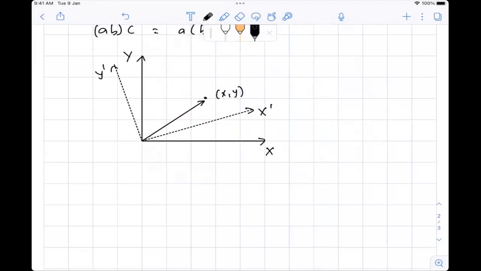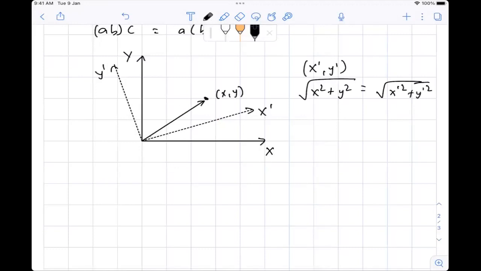Now you can write the coordinates of this point in both coordinate systems. In the other coordinate system, it becomes x prime, y prime. But now you see that the length of this vector will not depend upon the coordinate system you are using. So it should be the square root of x squared plus y squared equals the square root of x prime squared plus y prime squared. Let's say I'm performing a rotation.